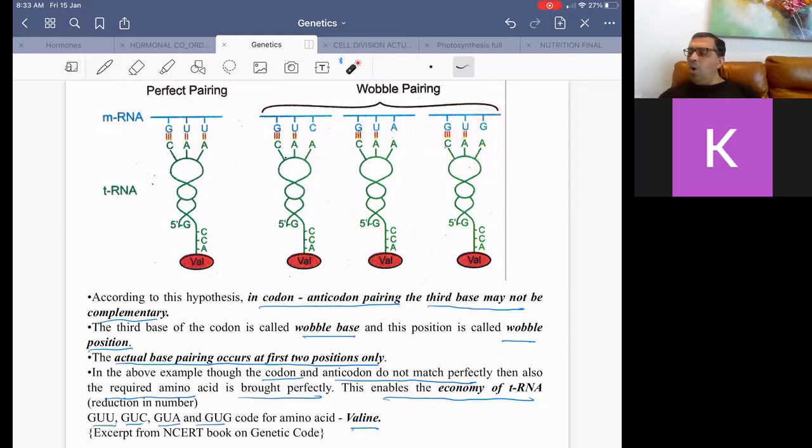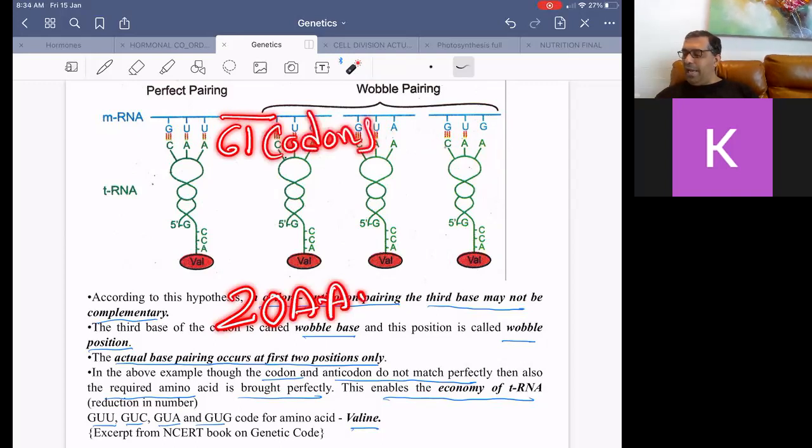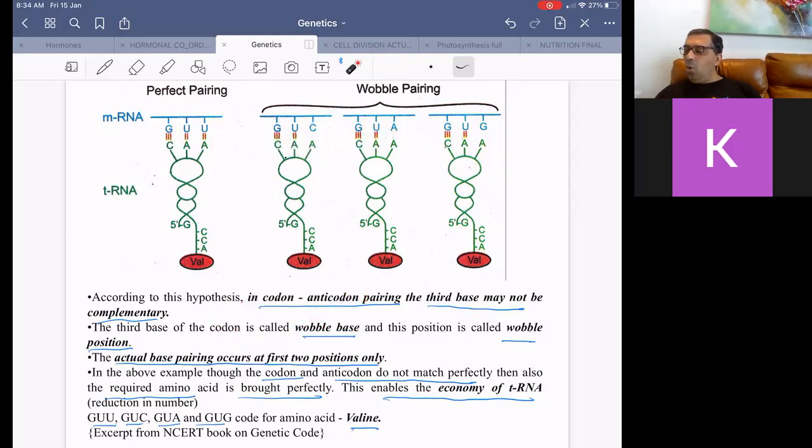Now what I mean by चलता है? Because there are more codons, 61, and fewer anticodons and amino acids, 20. With 61 codons and 20 amino acids, every tRNA has the ability to go and pair with more than one type of codon.